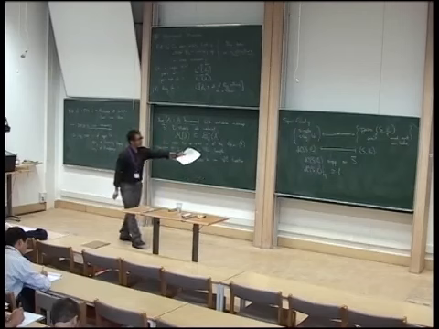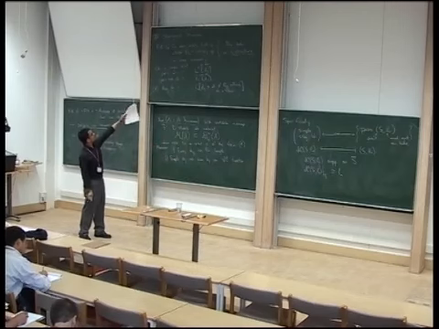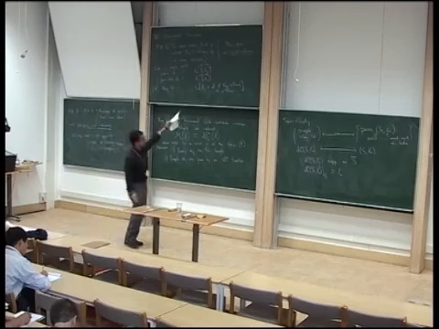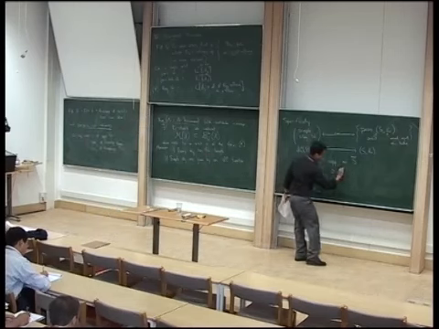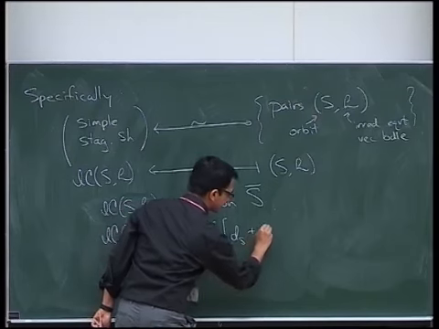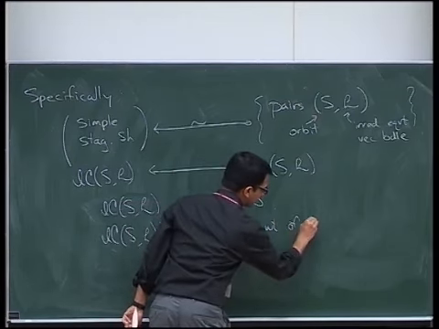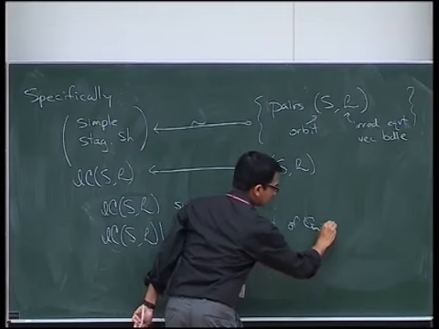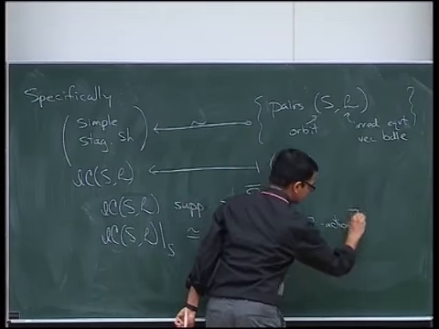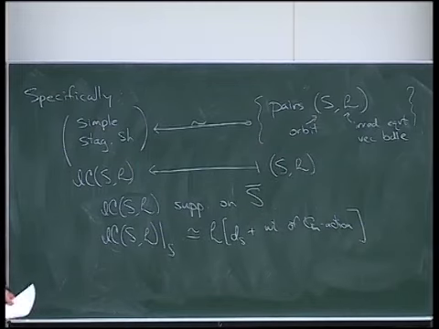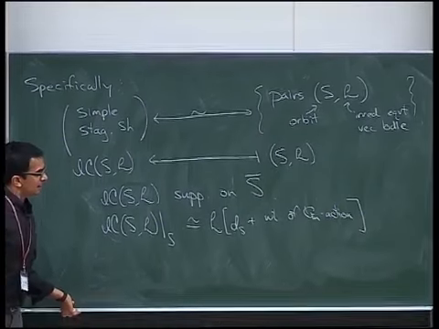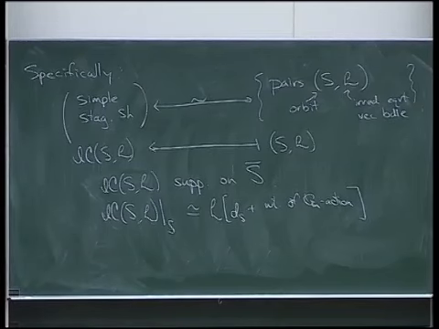For ordinary perverse sheaves, I would just write L with an appropriate shift. Here I have to write down d_S plus the weight of the G_m action.